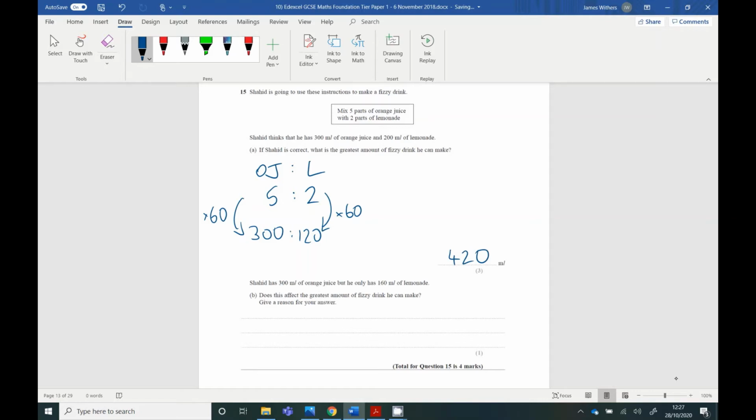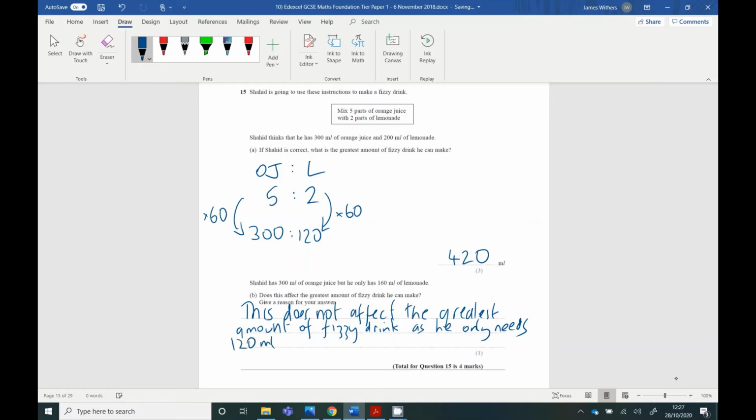So this does not affect the greatest amount of fizzy drink, as he only needs 120 millilitres of lemonade.